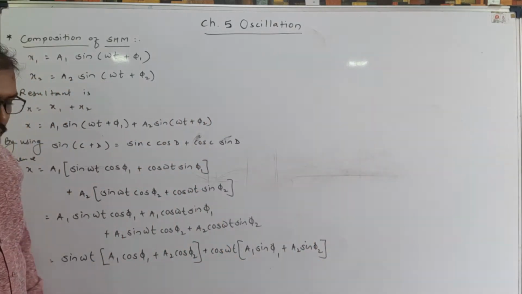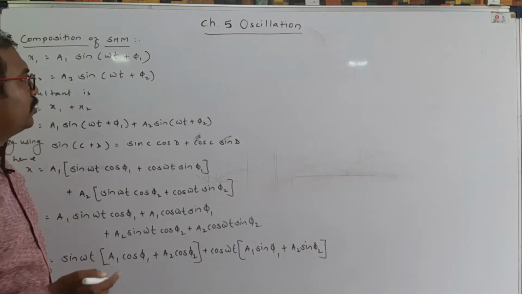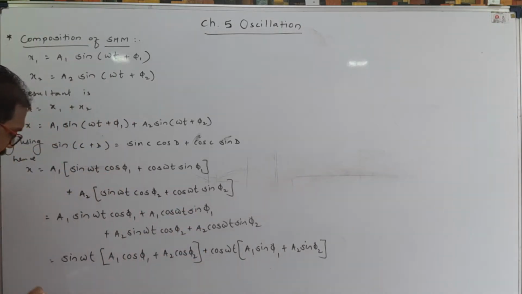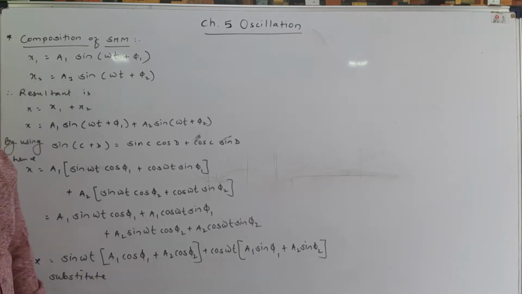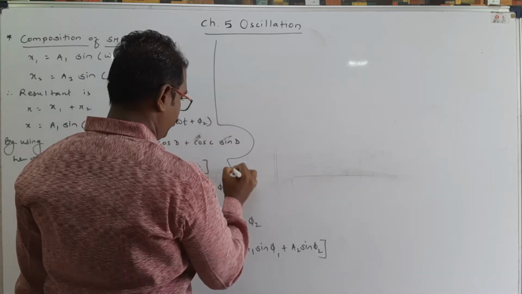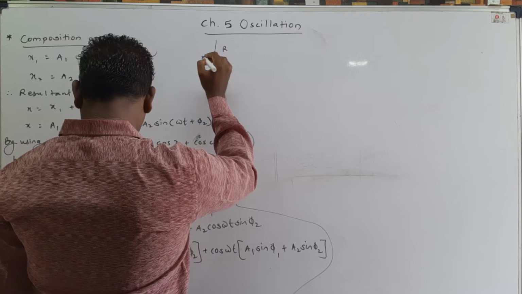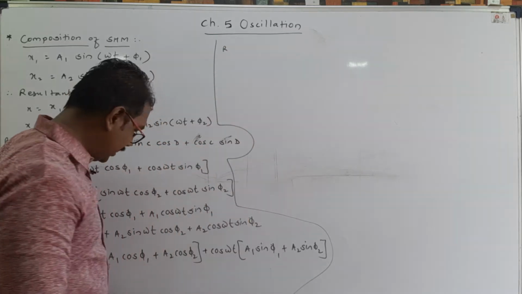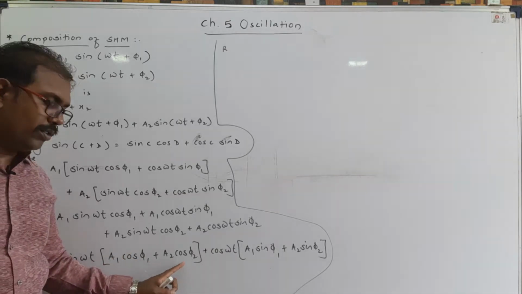Now we try to reduce this equation by doing some substitution. Let me substitute here. You can see in this term there is amplitude, cos and phase.